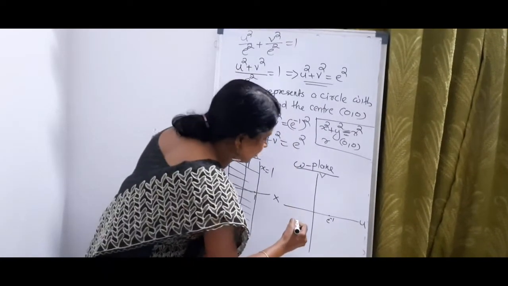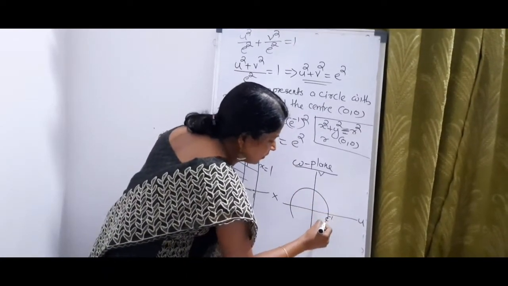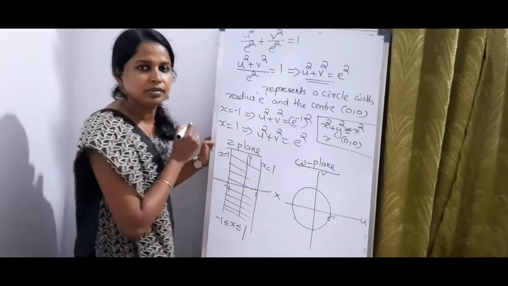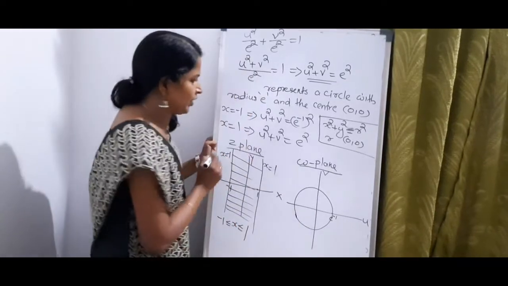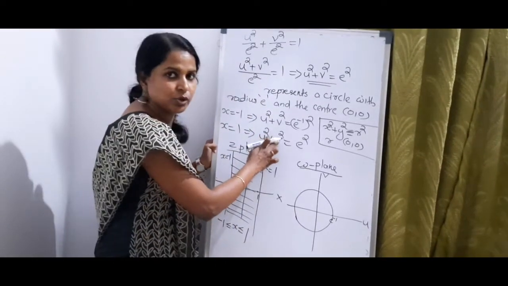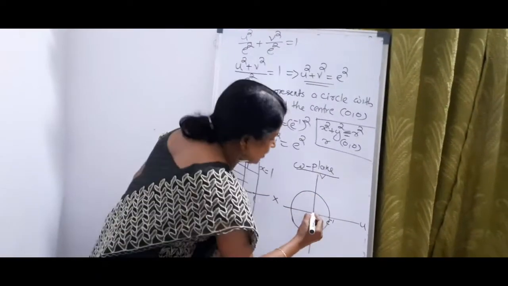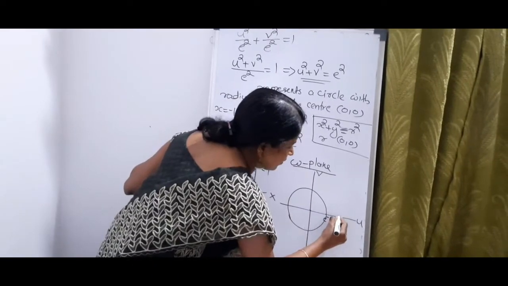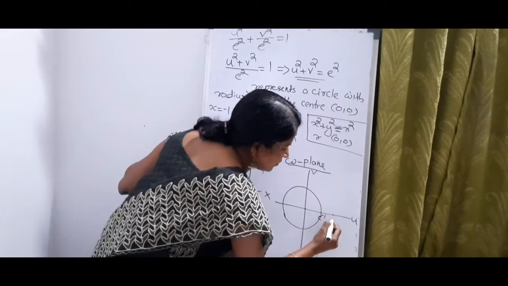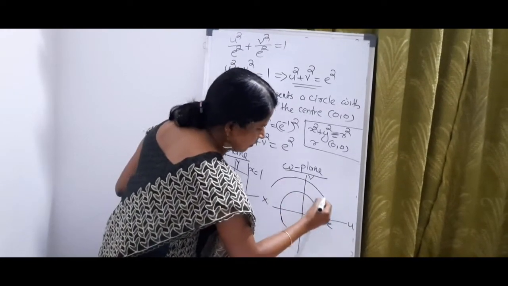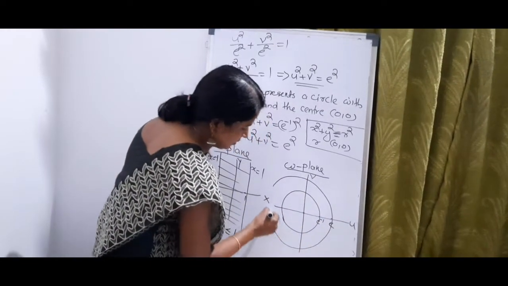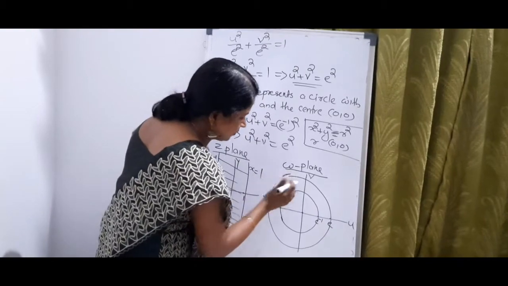We get a circle with radius e raised to minus 1, this circle. And u square plus v square equal to e square. That is, we take this distance is e. So, we draw another circle with the radius e, this circle.